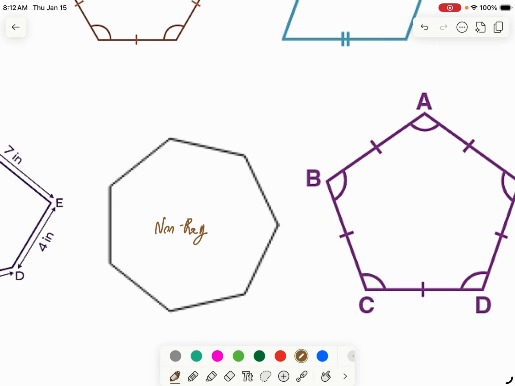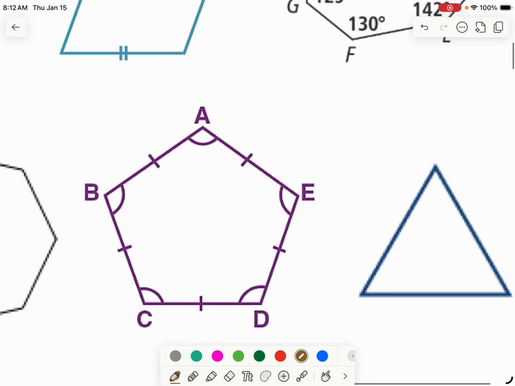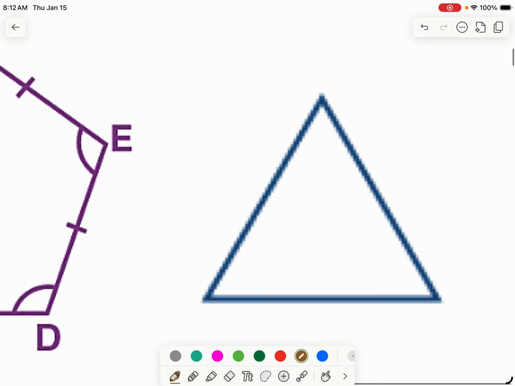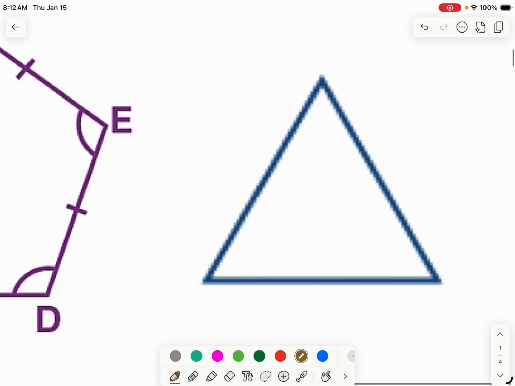But if we had more information, like the congruency symbols, maybe it would be regular. What about this one? Congruent sides and congruent angles. So this one is regular. If we take a look at this triangle, same kind of issue as this one. It looks regular, but we don't have any symbols to show. So we would say that this is non-regular.